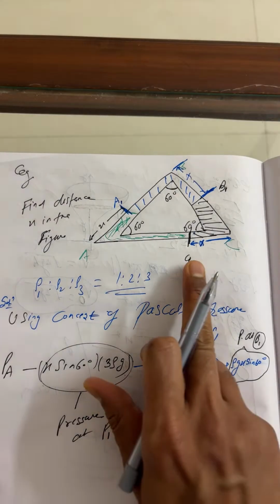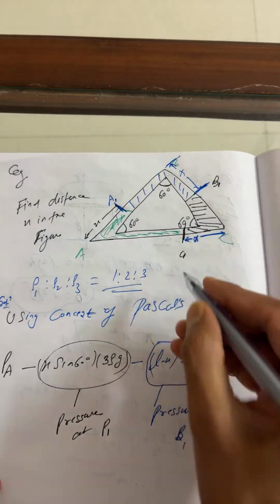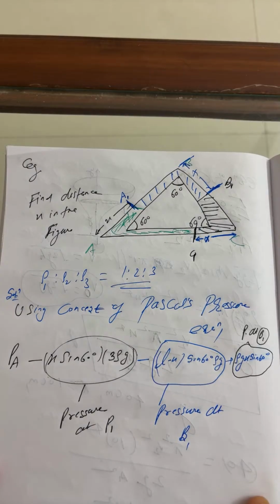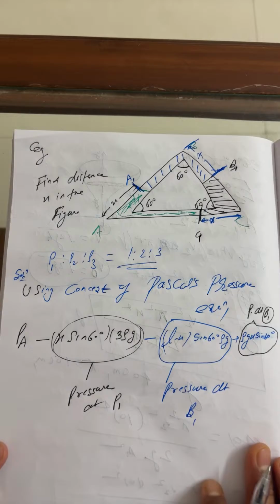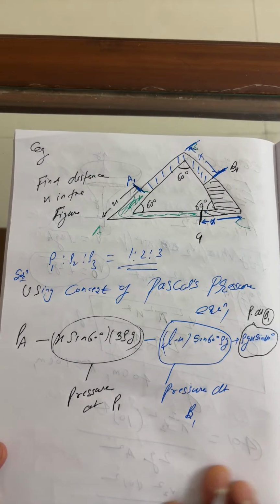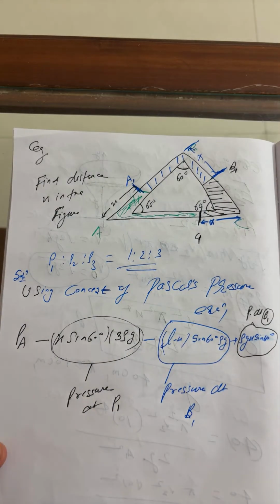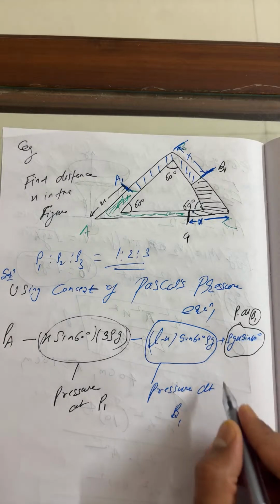Okay. Now this is the last expression I wanted to write, this is C1. Okay. I'll be clear. Now I wanted to write pressure at C, right? So for C, what can I write?